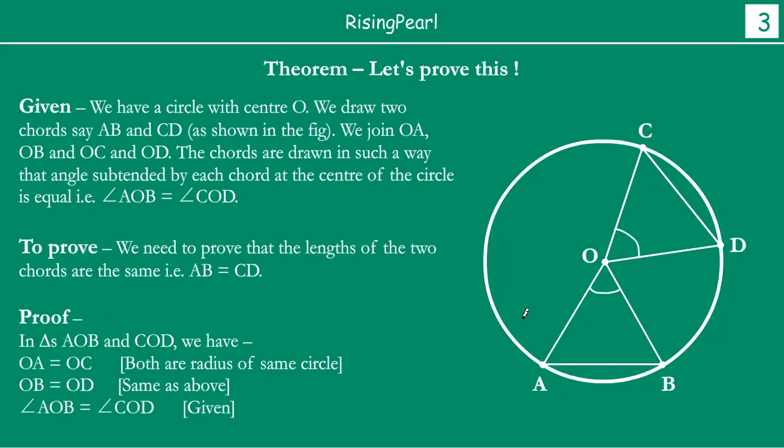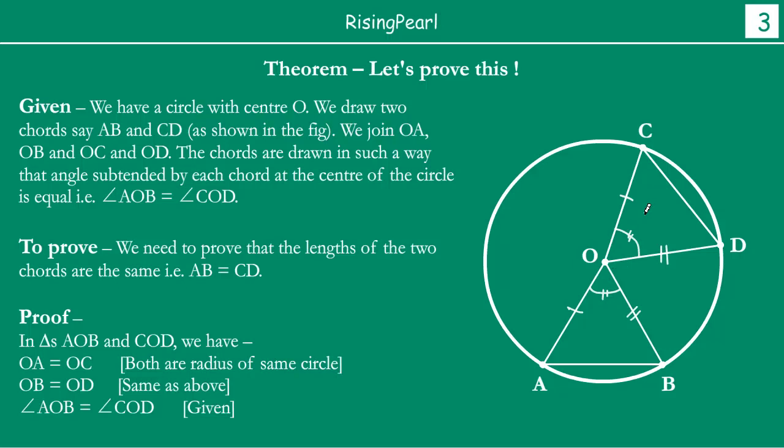In triangles AOB and COD, we have OA equals OC, both are radius of same circle. OB equals OD, same logic as above. And angle AOB is equal to angle COD because this is given. AOB is equal to COD, ये हमें already दी गई है. So what we find out is that this side is equal to this side is equal to this side, and इन दोनों sides की जो बीच की angle है, this angle is actually equal to this angle.